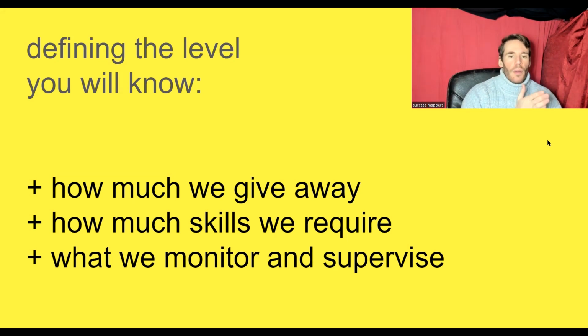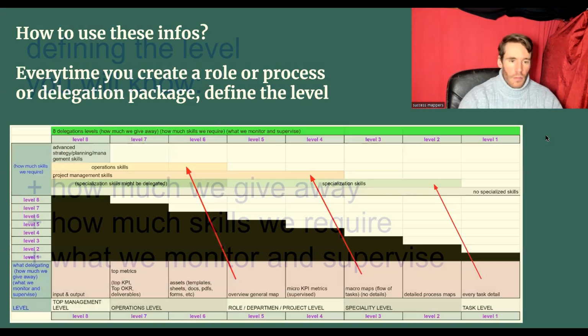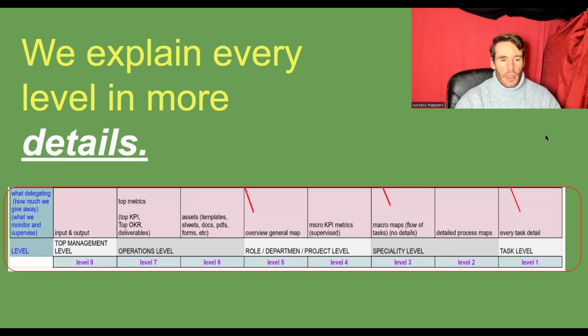And if there is a problem in the metrics at a higher level, or maybe a problem in the output, so at level 8, you can go back and check the other levels below. As an example, if you give a person level 1, where you give everything, you can still supervise by, for example, level 5.